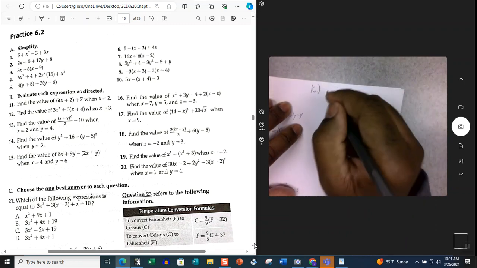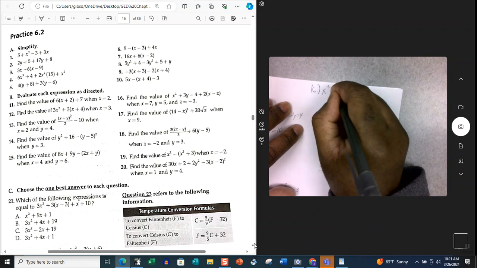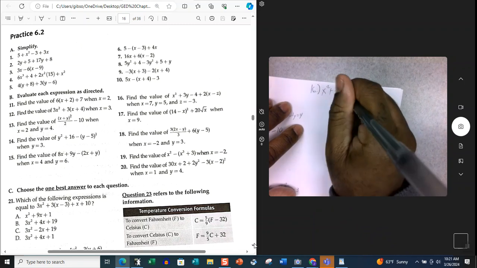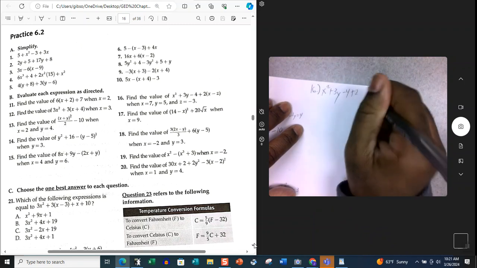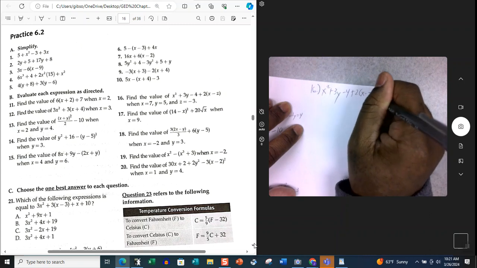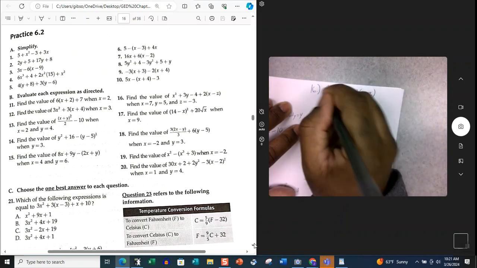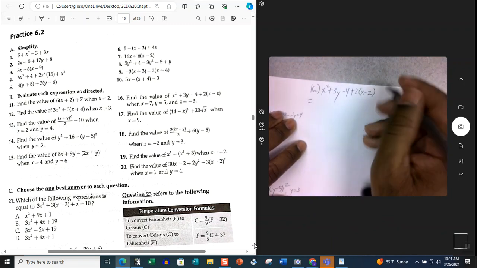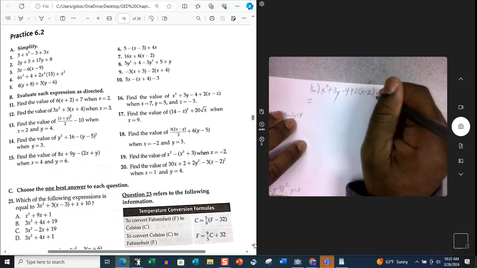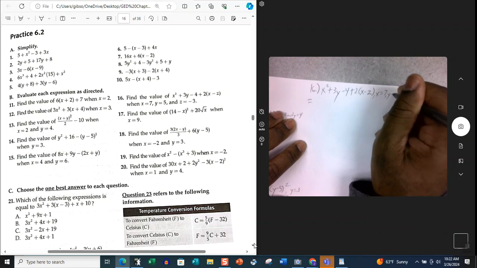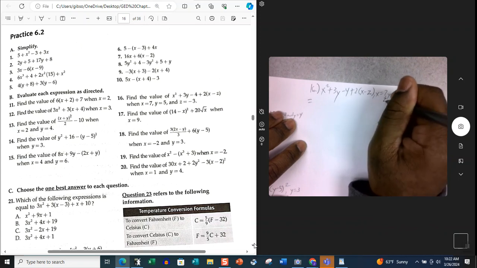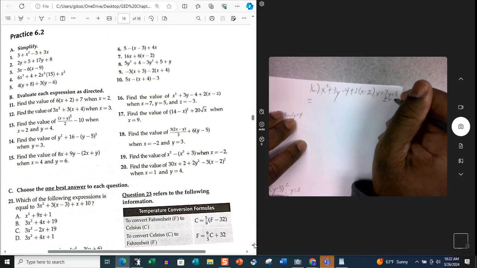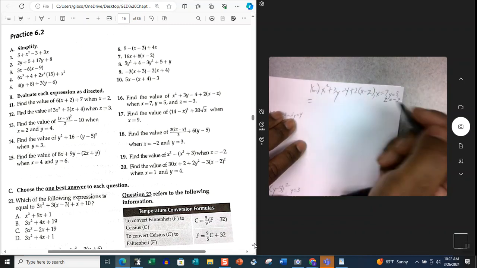Problem 16, find the value of x squared plus 3y minus 4 plus 2 times x minus z. So now we substitute. Now, well, I'll write that down. X is 7, y is 5, and z is negative 3. Now we substitute.